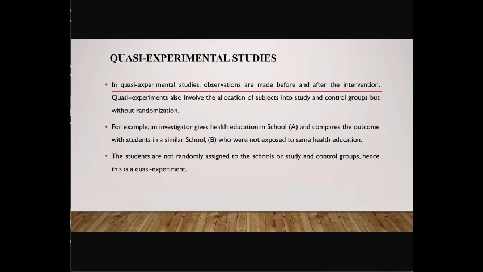For instance, if school A had better knowledge compared to school B at baseline, and after the intervention school A still had better knowledge, you won't know whether the intervention caused the better knowledge. You can only say, okay, there's an improvement in the knowledge. And it's difficult even to say there's an improvement, because you don't know whether the factor that was responsible first for the better knowledge in that school still contributed to further improvement in that school.